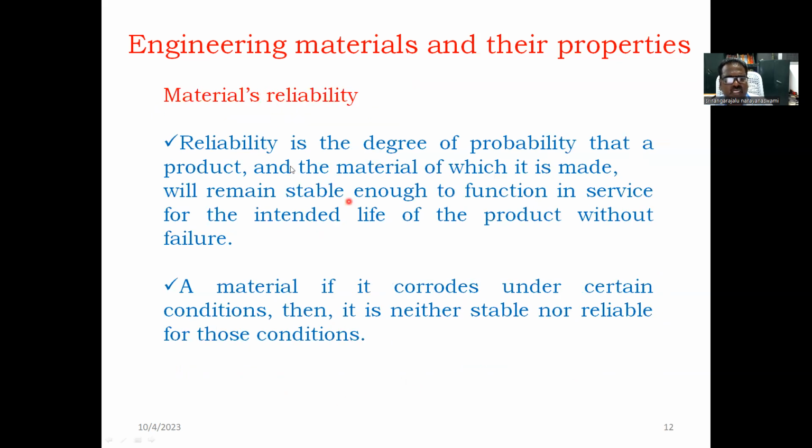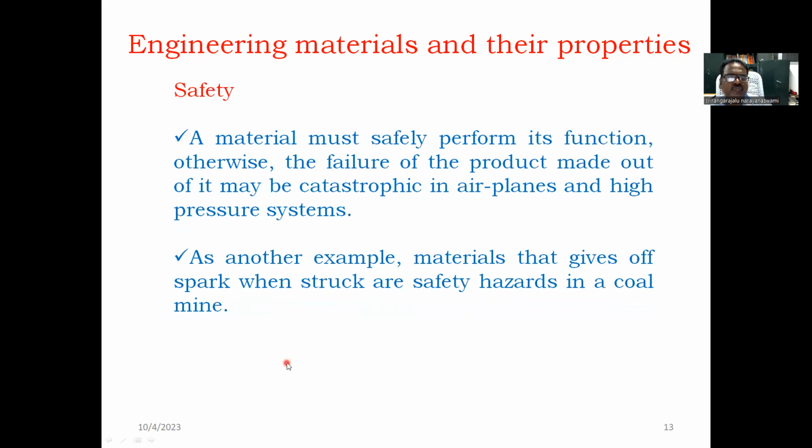Material reliability. Reliability is the degree of probability that the product and the material of which it is made will remain stable enough to function in service for the intended life of the product without failure. If a material corrodes under certain conditions, then it is neither stable nor reliable for those conditions.